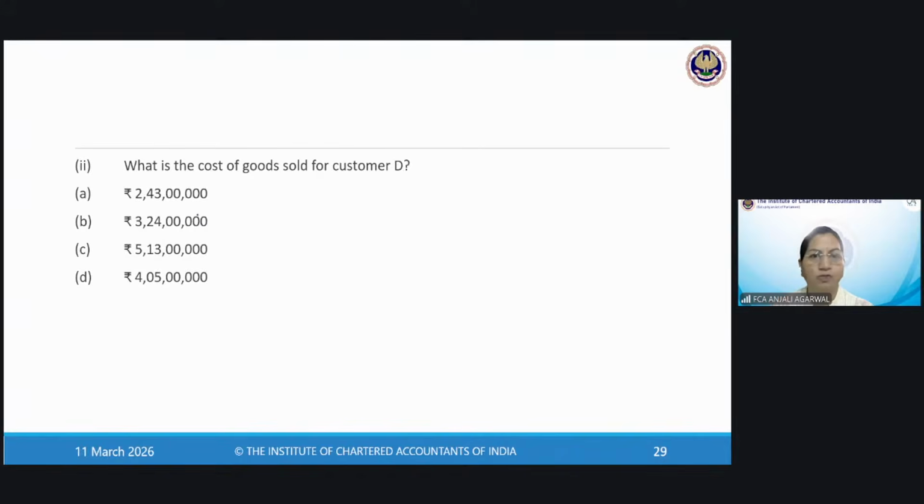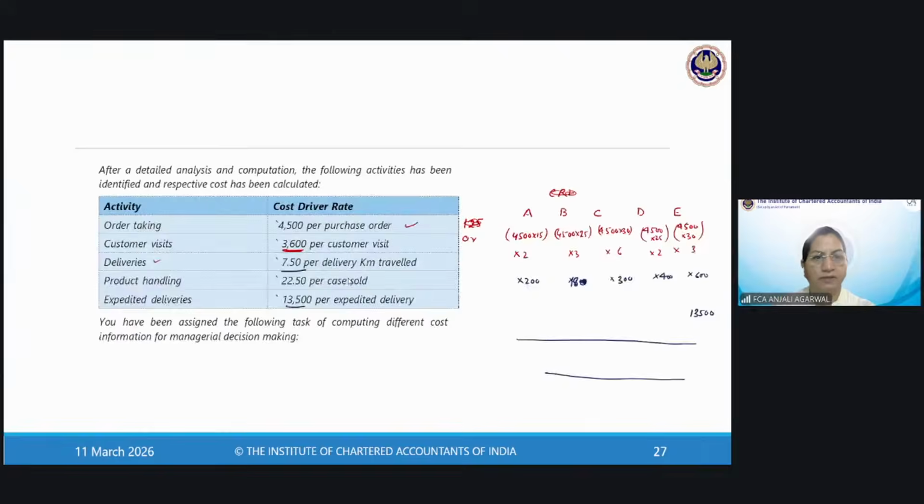What is the cost of goods sold for customer D?